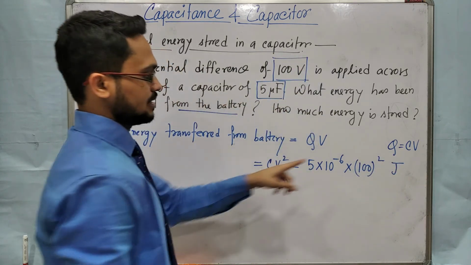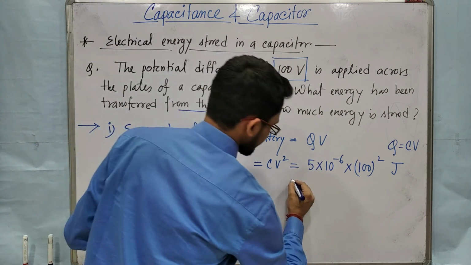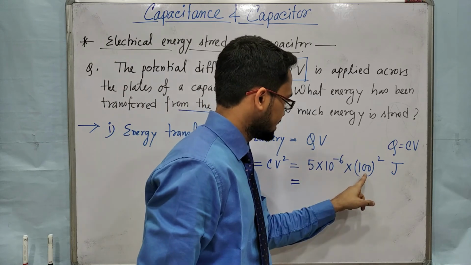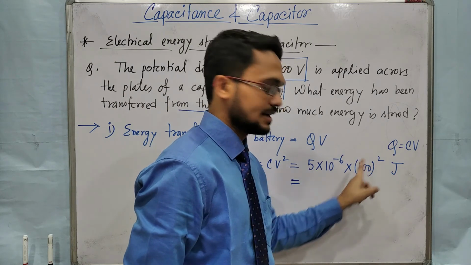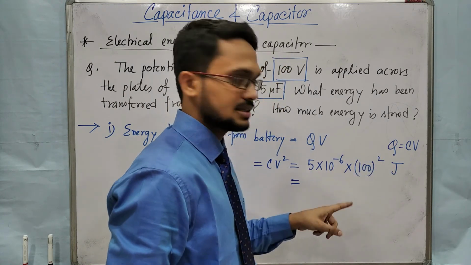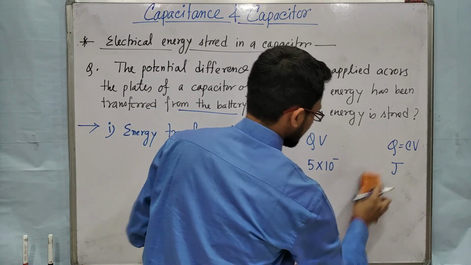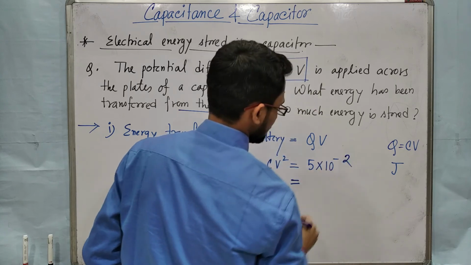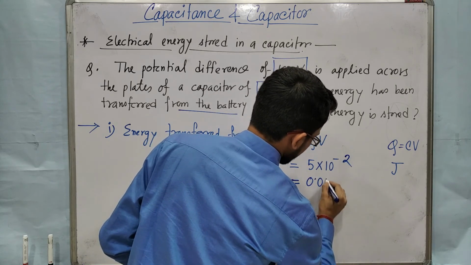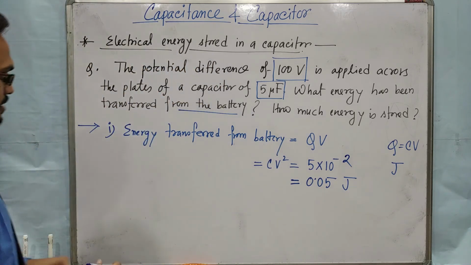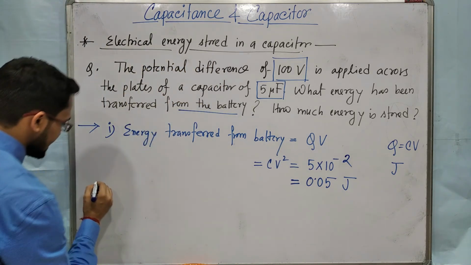This is energy in the SI system, that means joule. Now calculate it. This is 10 to the power minus 6, and 100 square is 10 to the power 4, so it will be 10 to the power minus 2. That means 0.05 joule. This is the total energy transferred from the battery.